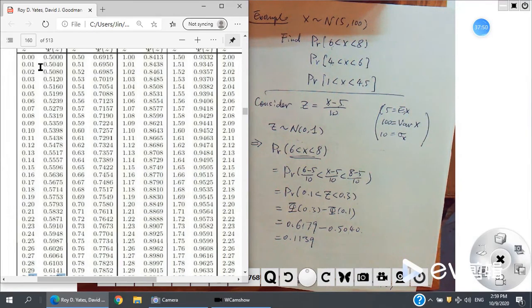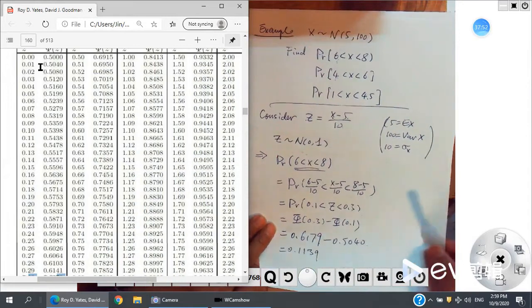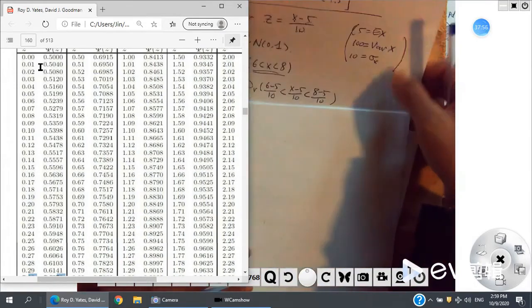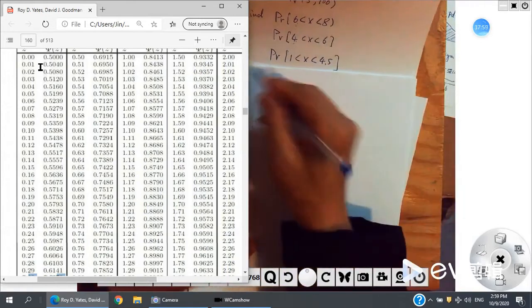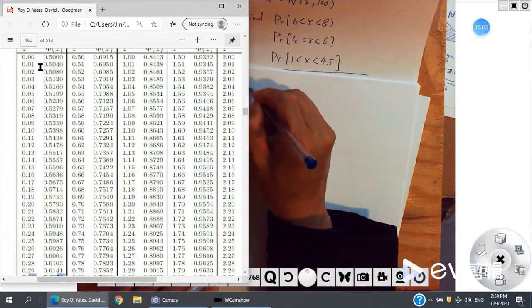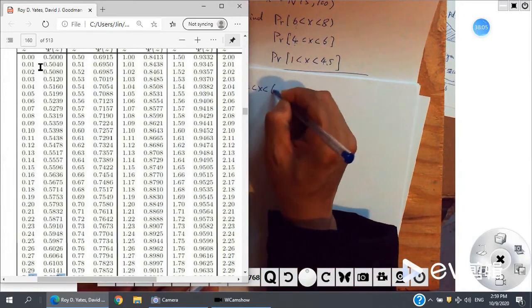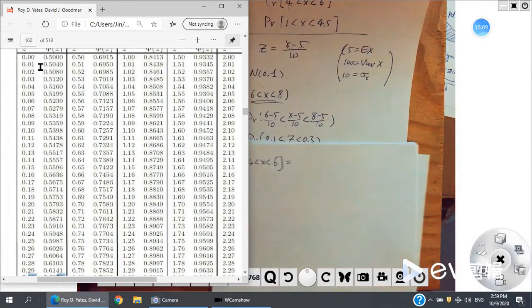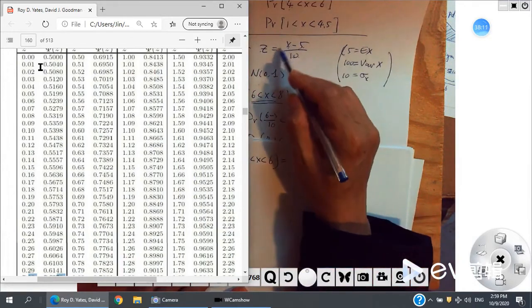Alright. And for the second case, the second probability is the probability of 4 smaller than x smaller than 6. I still do the same thing. I need to rewrite this in z.